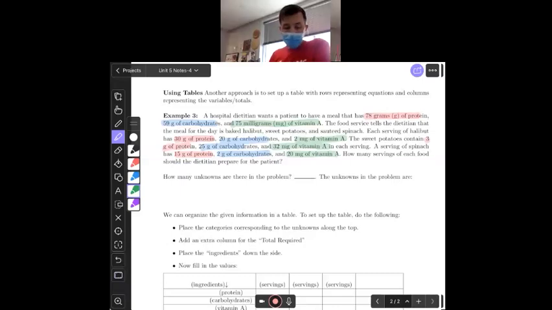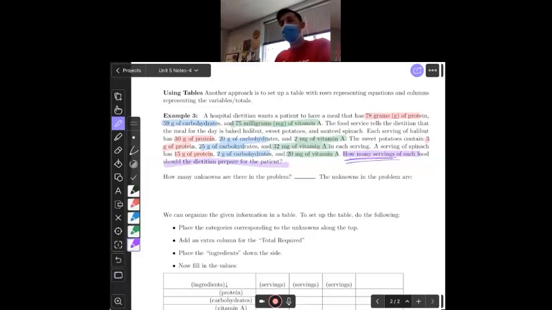The last thing you want to pay attention to is the question. What are you supposed to be finding? This is what X and Y and Z need to represent. The question is, how many servings? So my X and my Y and my Z better represent numbers of servings.